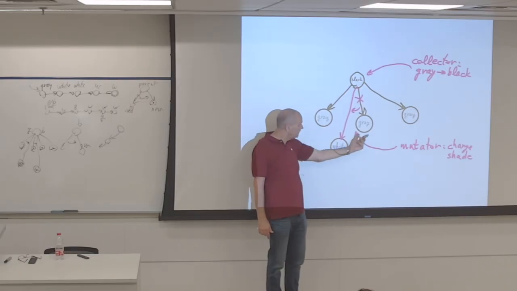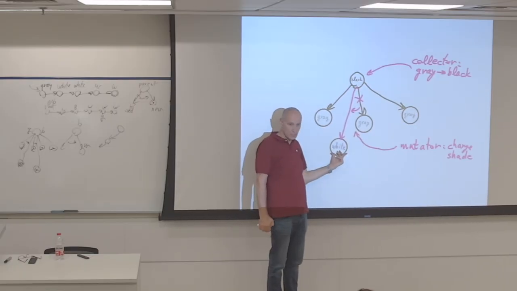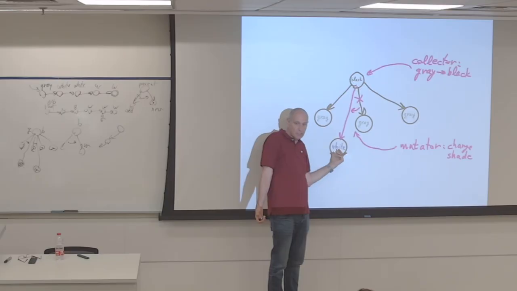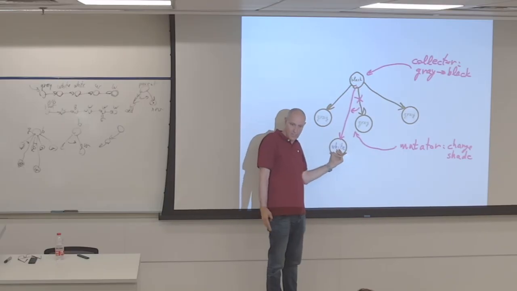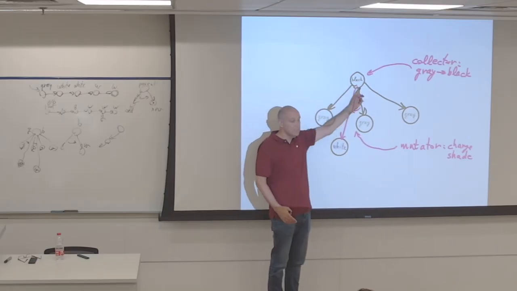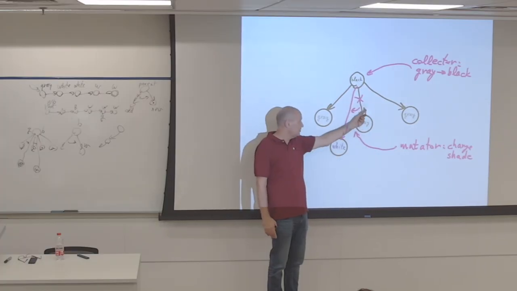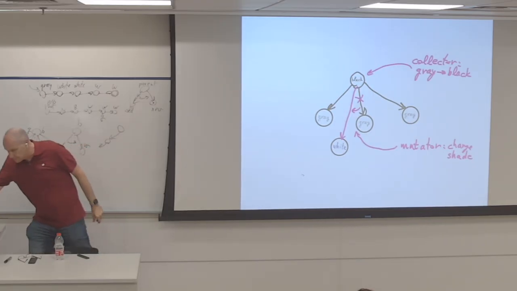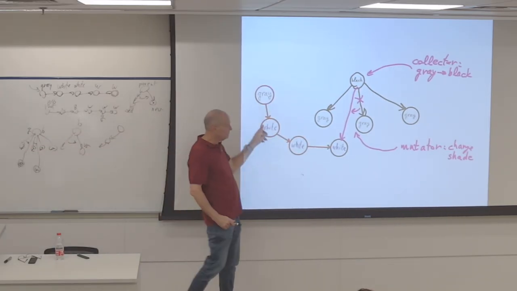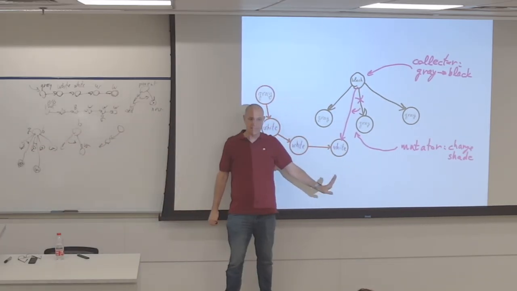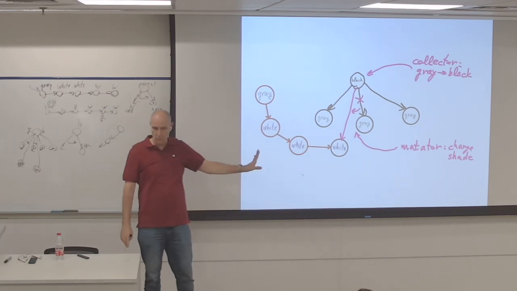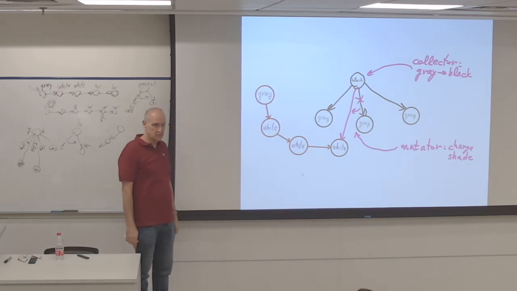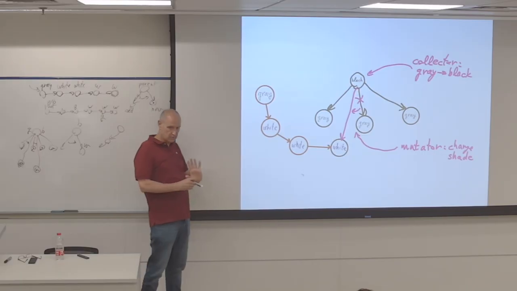But this one, before the modification of the edge, had a propagation path because it was reachable, and this edge did not exist before I changed this one. So it had to be accessible from a different propagation path. And this one still exists for this white object. Okay? Should I say it again?